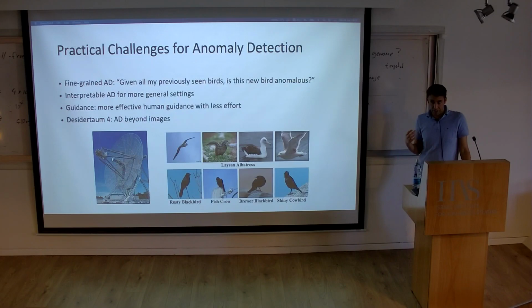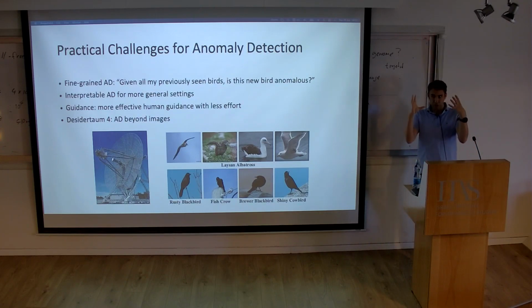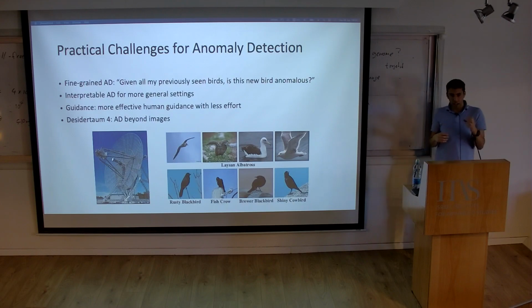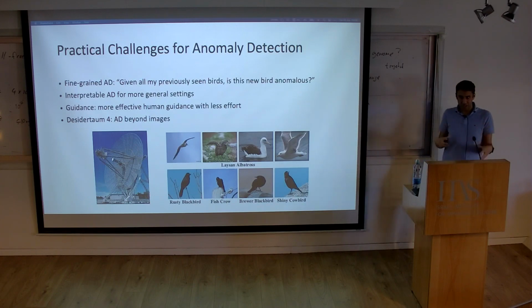This is fine-grained anomaly detection, and the reason is that there are so many irrelevant factors that change in our image of the bird, that we are unlikely to choose the correct one to specify whether this is a new type of bird or not. Because the pose is different and the light is different, and the branch that the bird is sitting on is different every time.